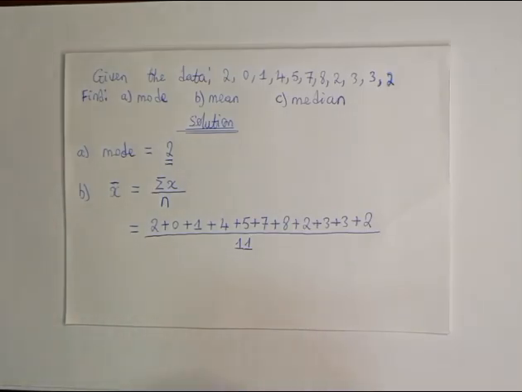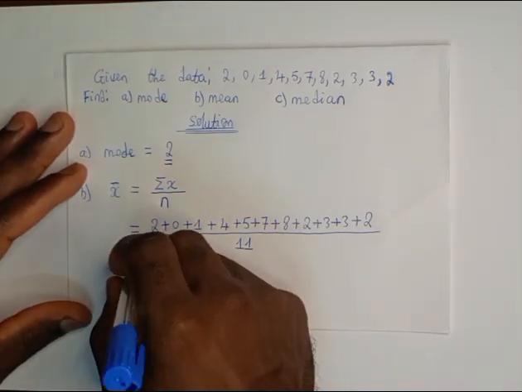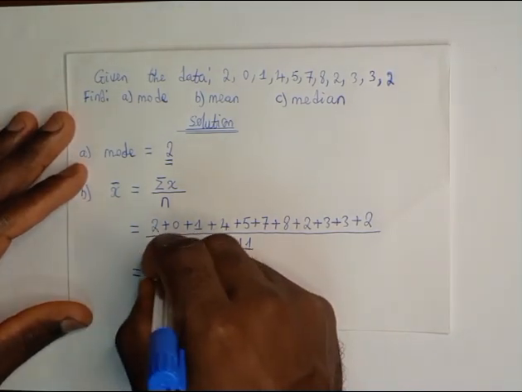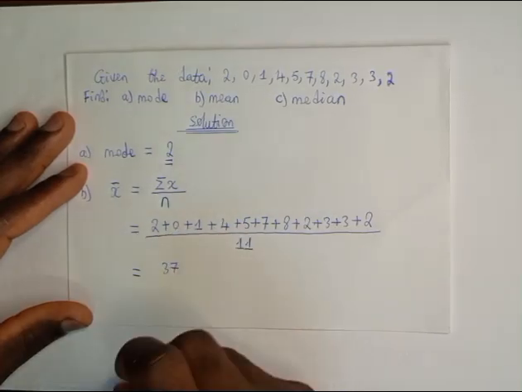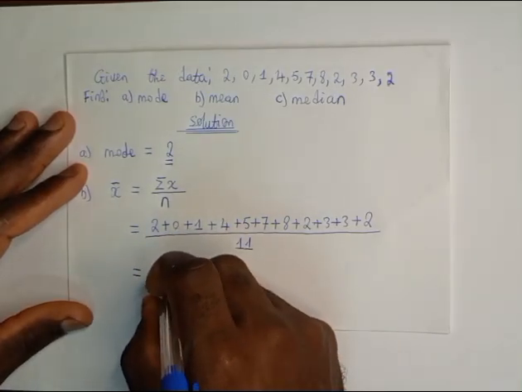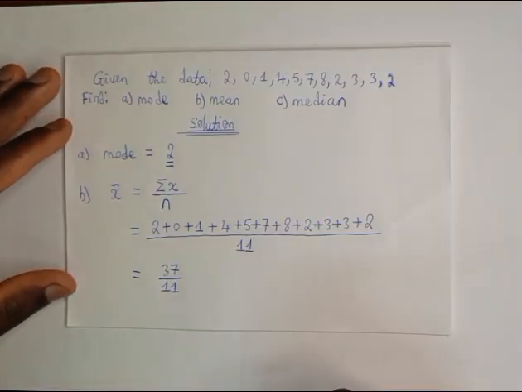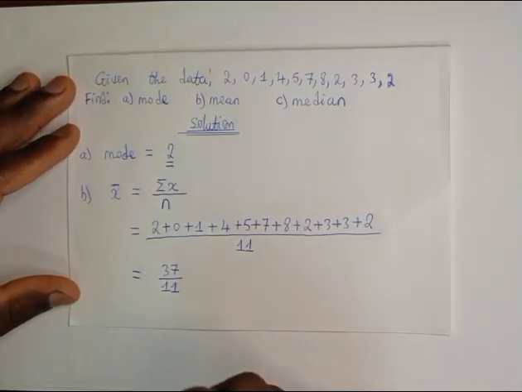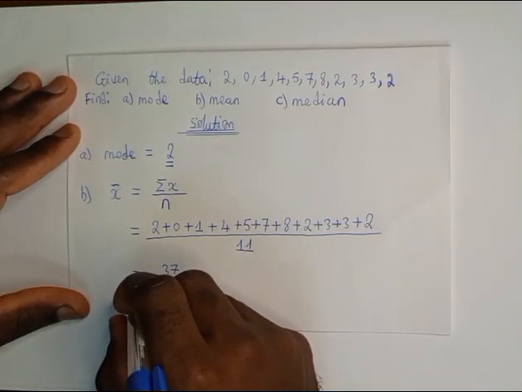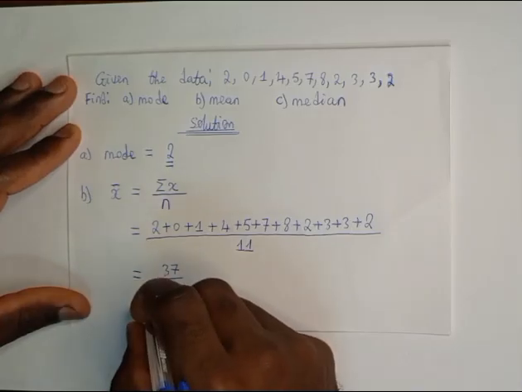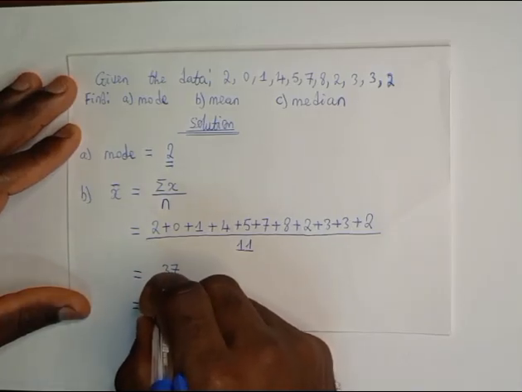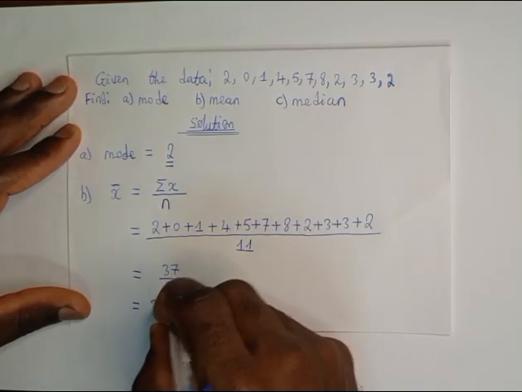This will simply be equal to 37. We have to divide 37 by 11. 37 divided by 11 to 2 decimal places will be equal to 3.36.